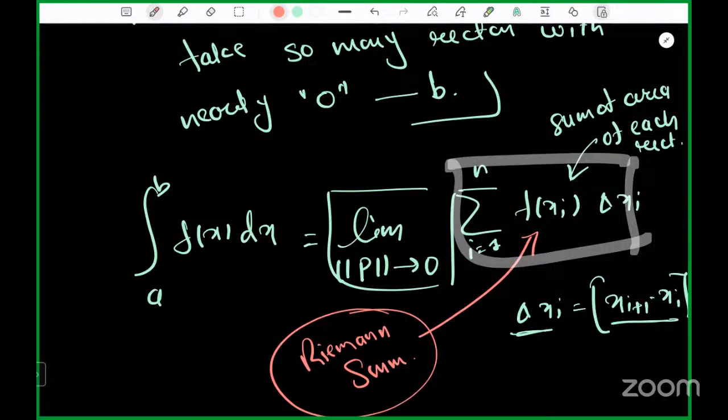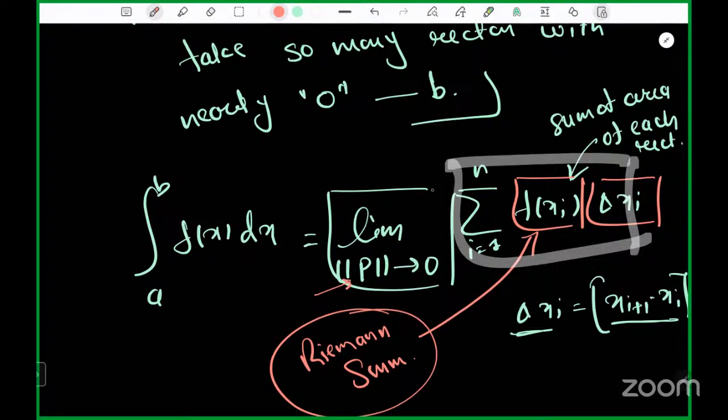And how is this Riemann sum coming? We want to solve the problem of finding the area under the curve, so we decompose that area into several rectangular strips. The height of a rectangle is given by the functional value f of xi, and the breadth of the rectangle is given by delta xi. Now the question is, how can we introduce more and more rectangles in between that area? For that, we use the help of a partition. We define a partition of that closed interval a b, and then we introduce the norm of P, the norm of a partition.